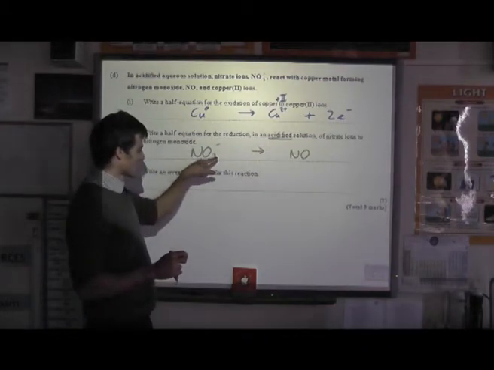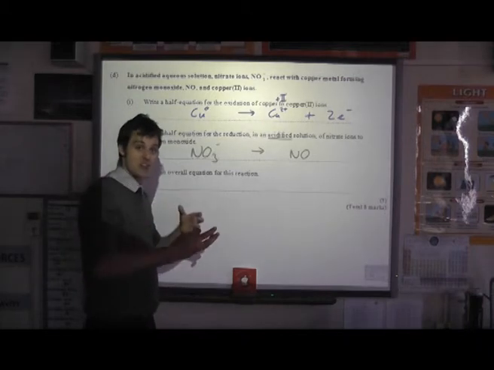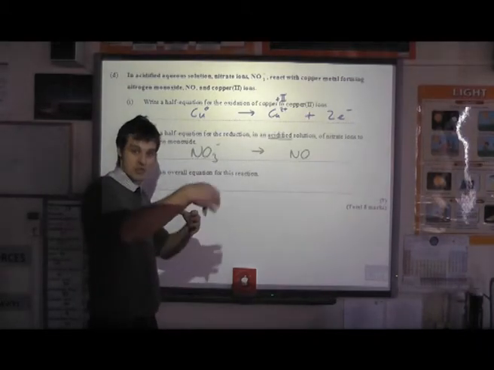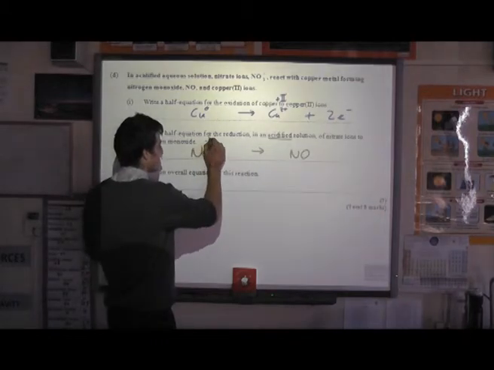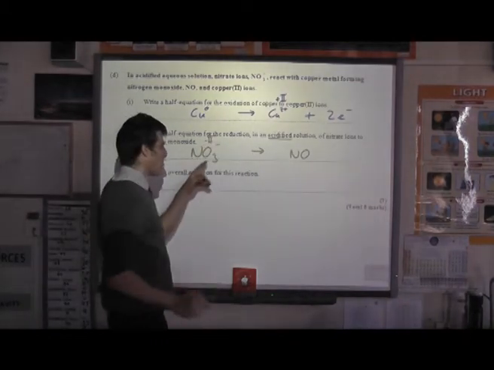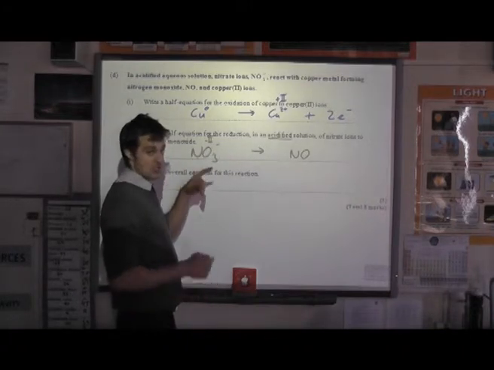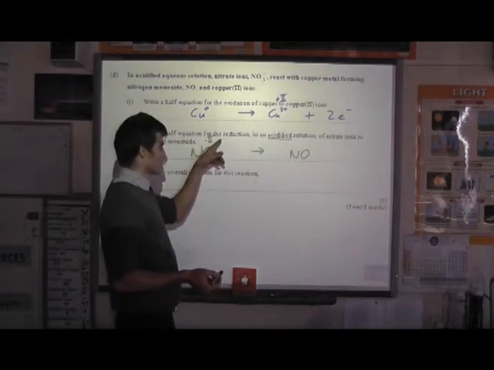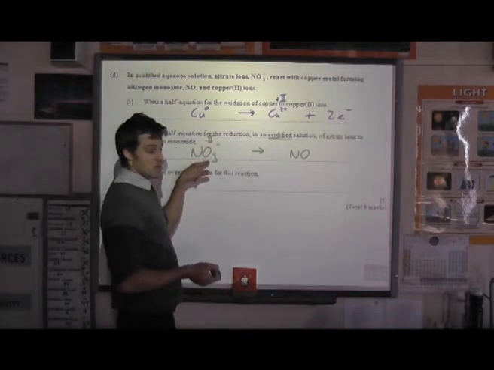Okay. So which is the most electronegative out of nitrogen and oxygen? It's oxygen. Oxygen wants to be a 2 minus ion because it's group 6, it wants 2 extra electrons. So oxygen's oxidation state is -2. So we need to think what must nitrogen's oxidation state be to cancel out all these oxygen atoms and make the overall charge only -1 instead of what the oxygen would want it to be, which is -6.